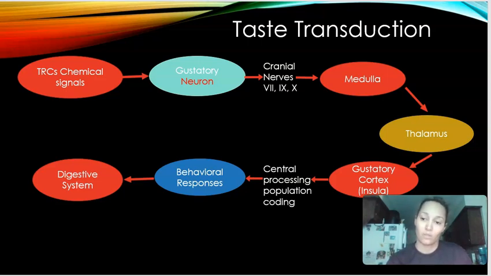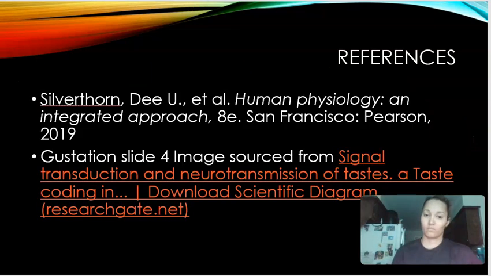From your medulla, it's transmitted to the thalamus, where it's transmitted to the insula or your gustatory cortex. There, everything is processed centrally and distinguished through your population coding. This is going to break down the differences between the sense of smell and taste, and trigger a psychological or behavioral response that will lead to a specified hunger in your digestive system.